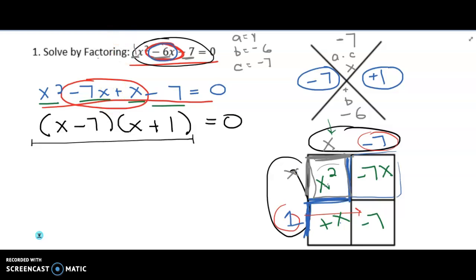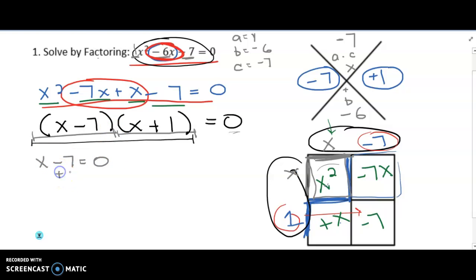All right, now we want to think, okay, hard part's done. Now we want to think, all right, how can I multiply this number times this number and it'll equal 0? Okay, the only time I multiply 2 numbers and it equals 0 is when one of the 2 numbers has to be 0. Okay, so I asked myself, when is x minus 7 equal to 0?